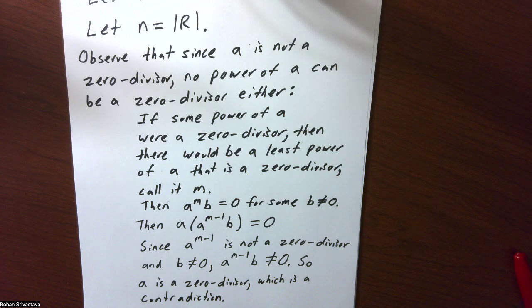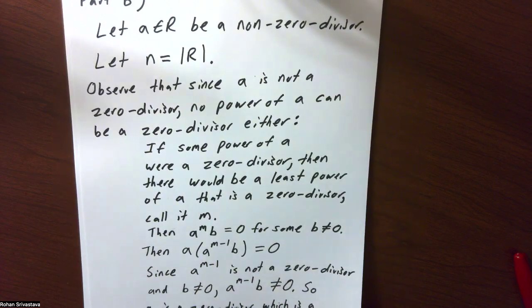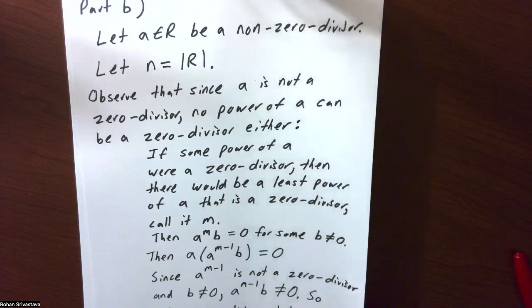Okay, so this proves the observation that no power of A can be a zero divisor. And recall that since 0 is a zero divisor, this also means that no power of A can be 0. Okay, good. So that was our little subclaim. Now let's remember that n is the cardinality of R since R is finite. And let's move on.